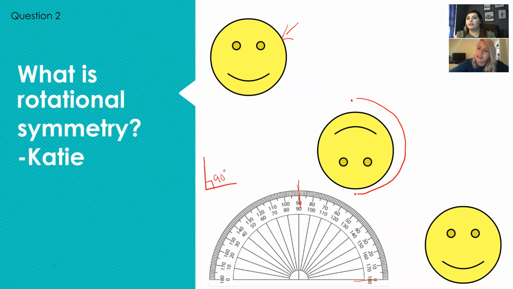Using our protractor, how many degrees would you guess that our smiley face turned? I would honestly guess it's 180, because if it's only turning upside down and not fully, then it would be 180 degrees. Yes, that is correct. It just turns halfway, and half of a circle is 180 degrees.